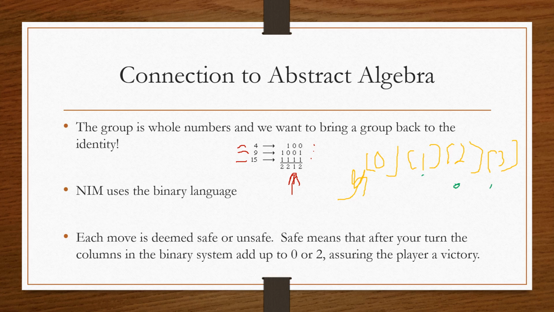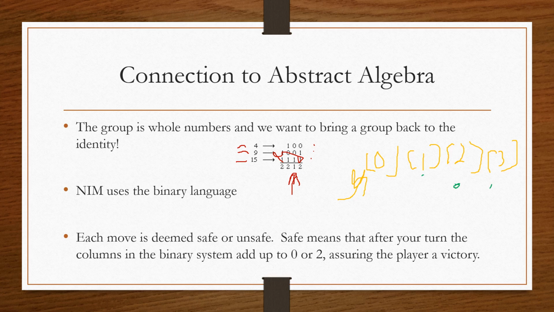If you have the 1 up here with the 4 up top, so if we didn't have any of this, you have one column just with 4. Take all that, you win, in just any single way. The important thing is that if you put all these numbers into a binary system and add them up, if it is an unsafe move, you can make it into a safe move.